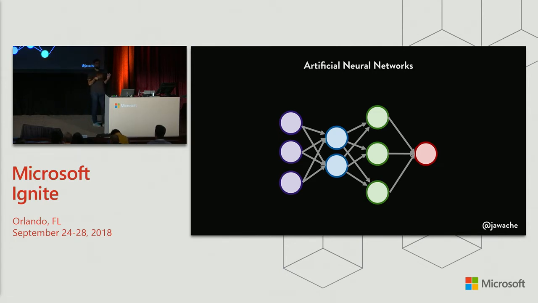When you create one of these, you initialize each of those edges with a random value. And then you get one item from your training data. If it's emotion, maybe we've pre-processed it through some computer vision library and grabbed the various landmarks on a face.